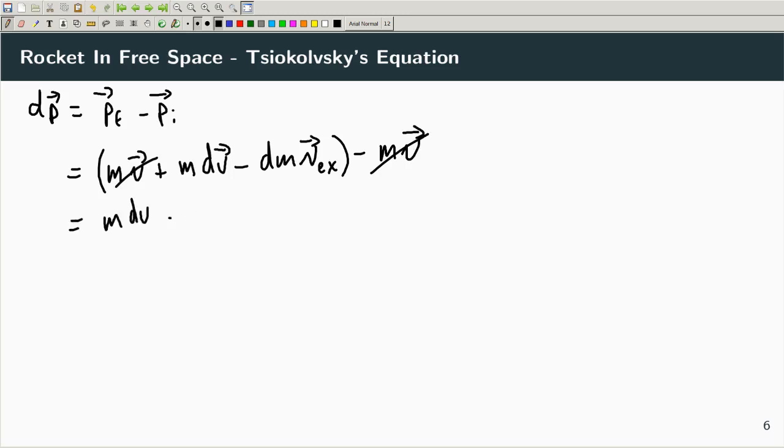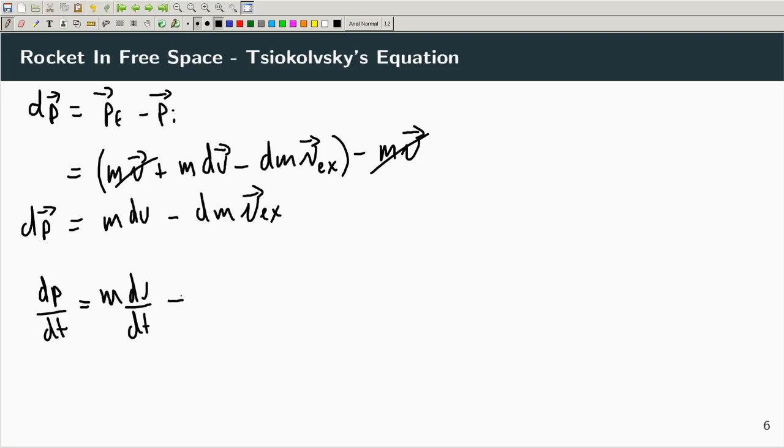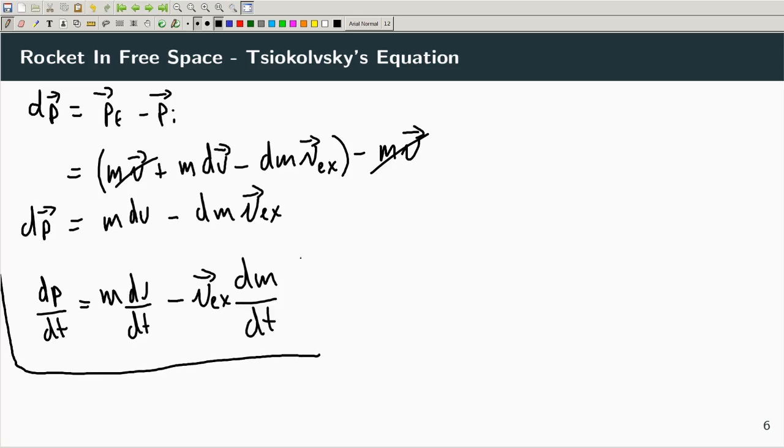We're left with, like so. So we can divide by a small time frame. I'll put the velocity at the front of that term, and this equation is important, so I'll box that.